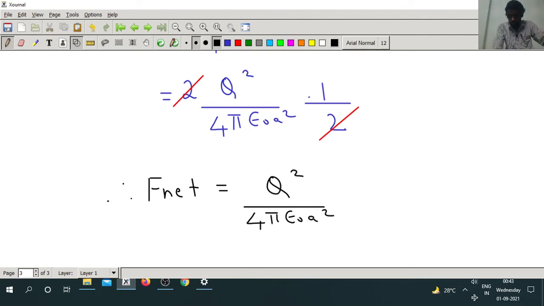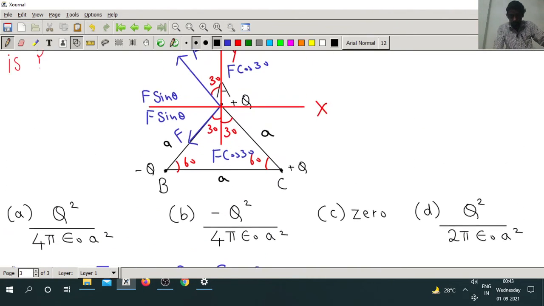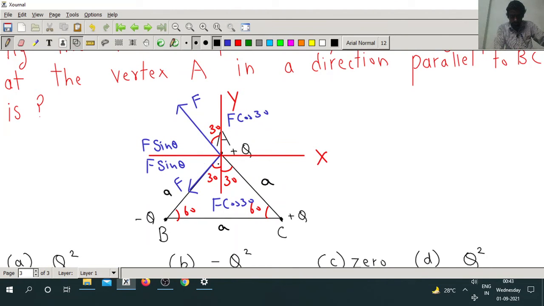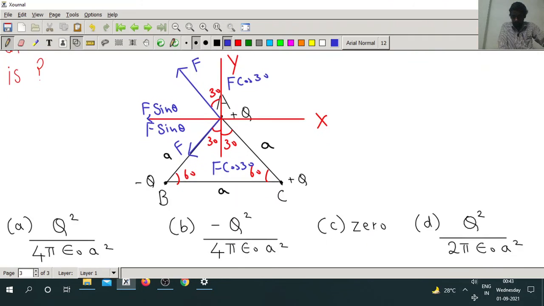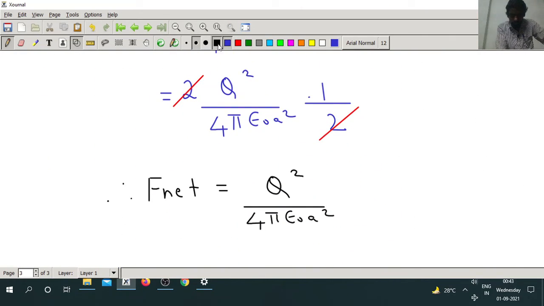This is the net force, which is acting, as you can see over here, Q square upon 4 pi epsilon naught A square. Since the net force is taken to be on the left side, we will put a minus sign over here, and this is our answer to this question.